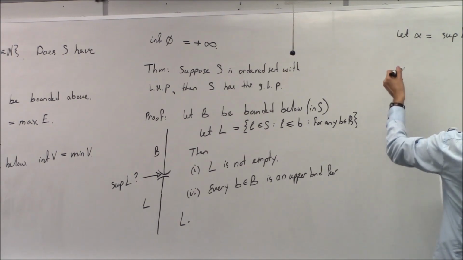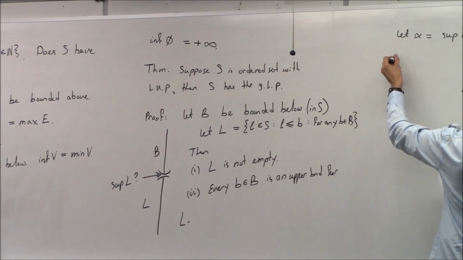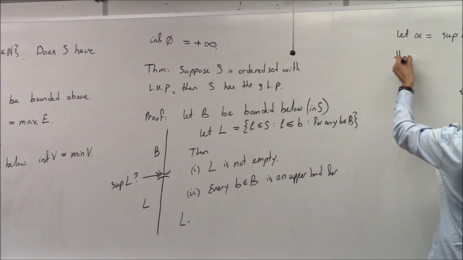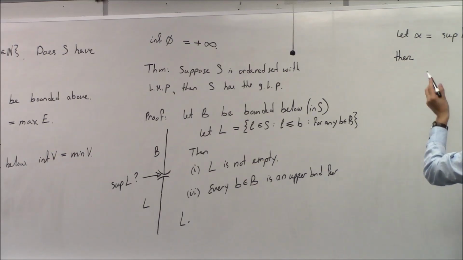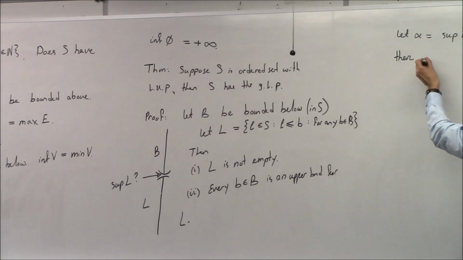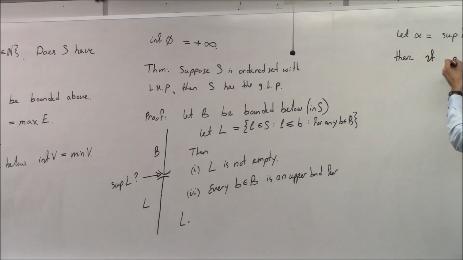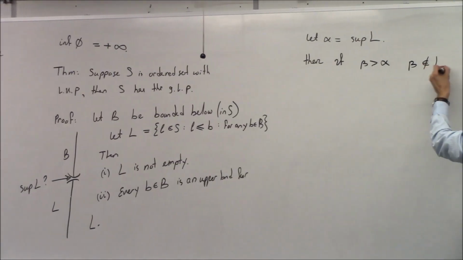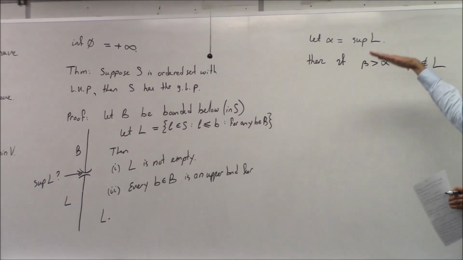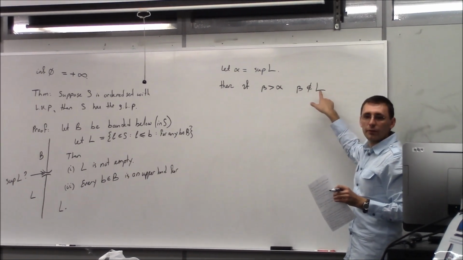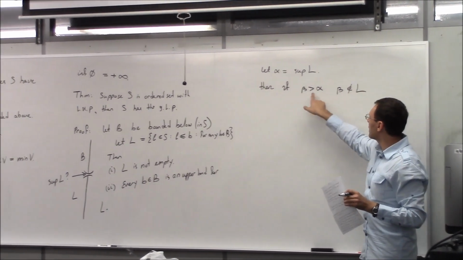So then the following is true. If I pick any number bigger than alpha, if beta is bigger than alpha, beta is not an element of L. Because alpha is the supremum. Go anywhere up, and you cannot find elements in L higher than the supremum, correct?